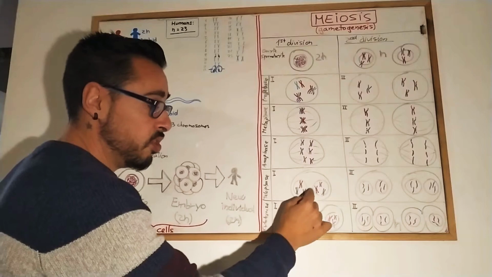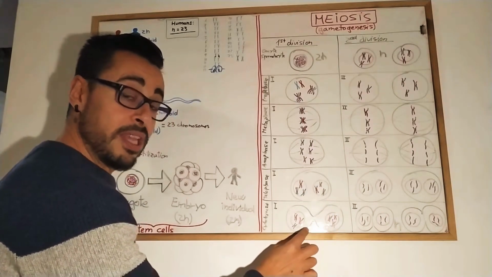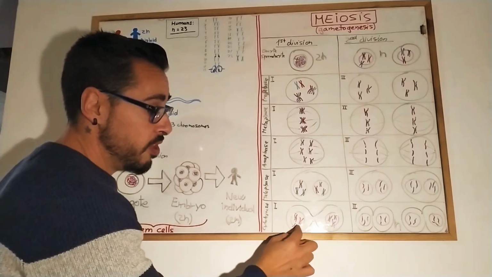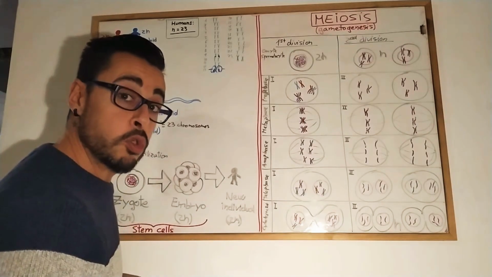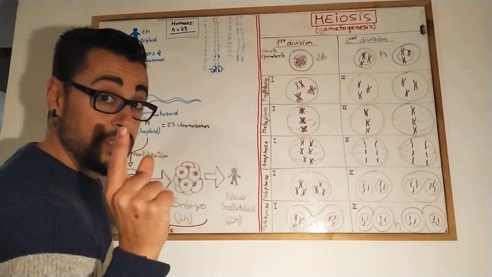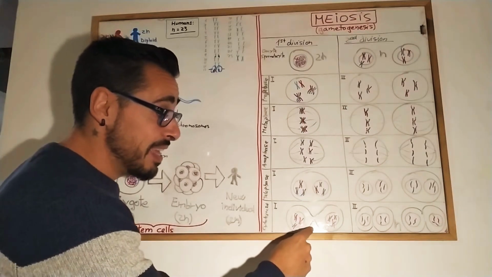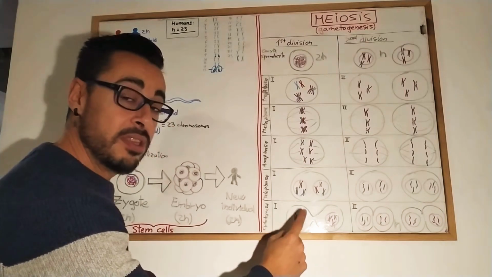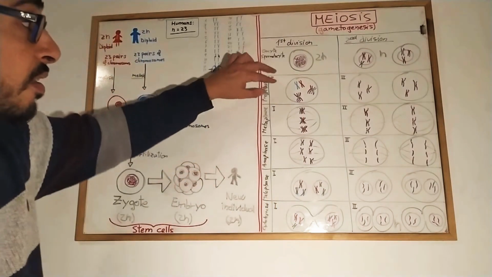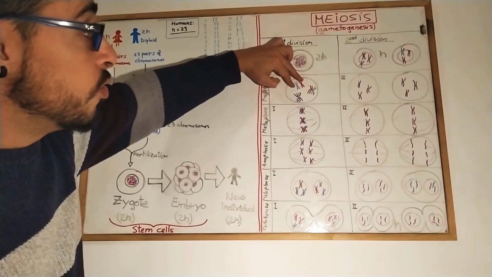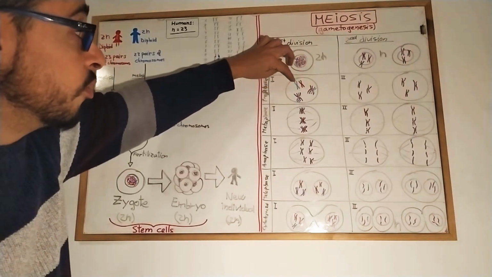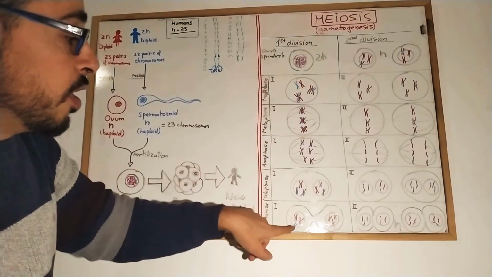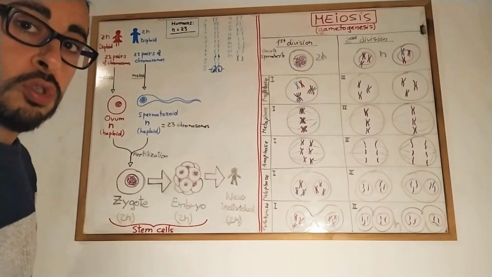As a result of this, we are going to obtain two cells with 3 chromosomes and 3 chromosomes. These are haploid cells. Haploid, because we start with 3 pairs of chromosomes, and we obtain 3 chromosomes.